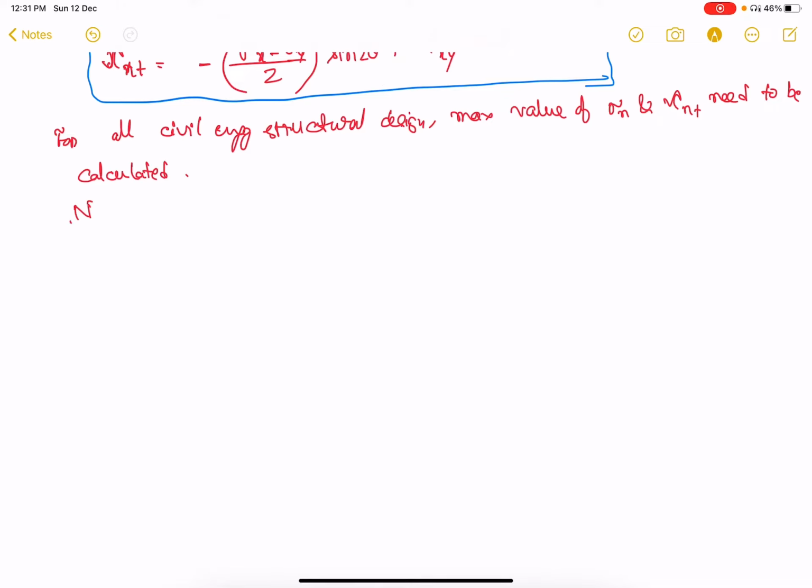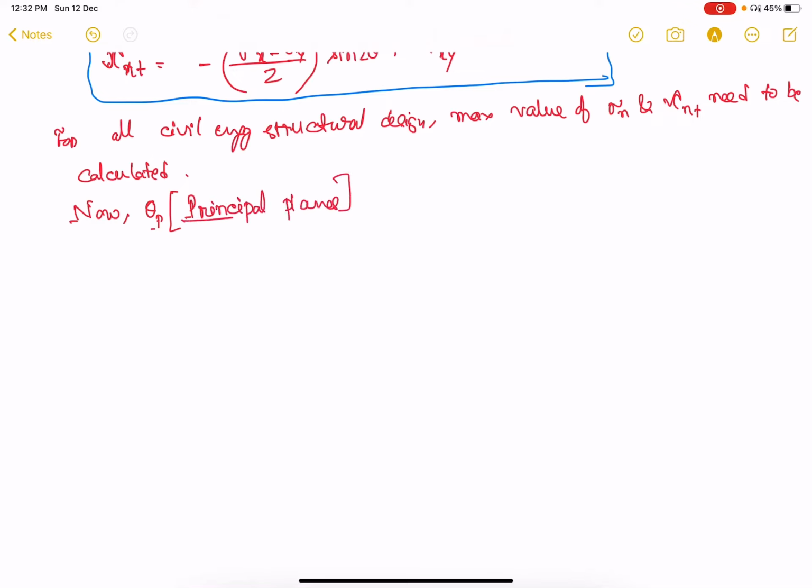Now theta p, we have to find out the principal stress, means what is the maximum normal stress, principal planes. I'll give the definition, it's very important.